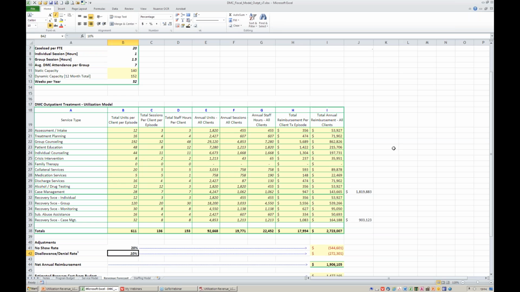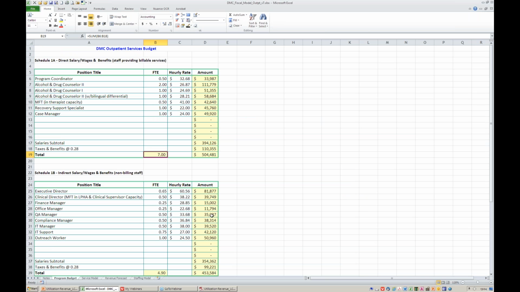Somebody needs to be looking at this to keep on top of it, because you're going to lose money. Again, this is $250,000 that you lose. Let's go back to the budget. Your QA manager only costs you $35,000. So, money well spent.